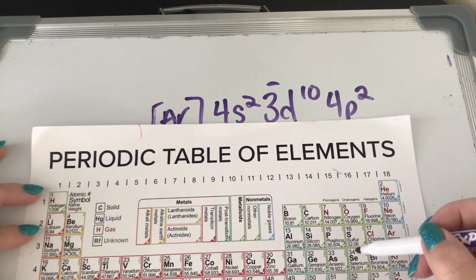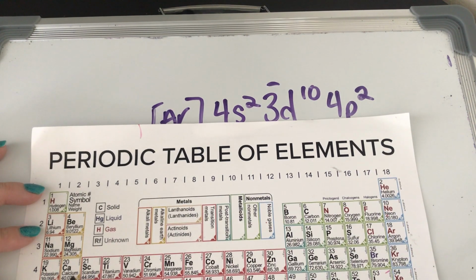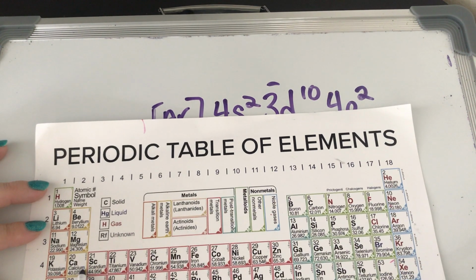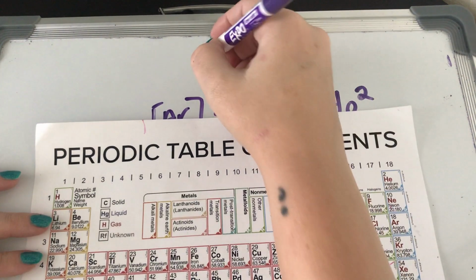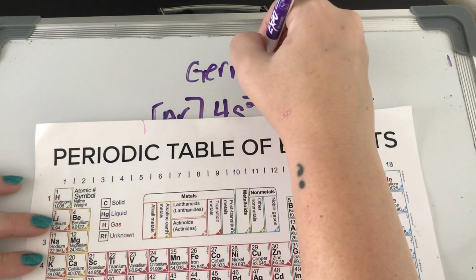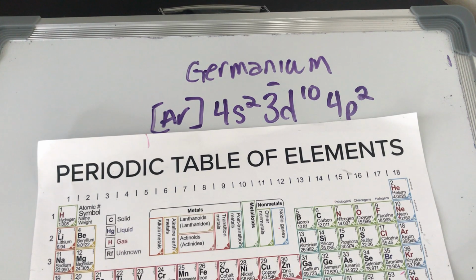Germanium. So we have 2 electrons from the 4s, 10 from the 3d, and then 2 from 4p, right? That gets me to germanium. Cool? Let's do another one.